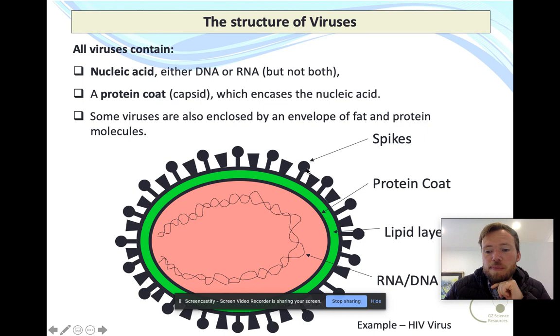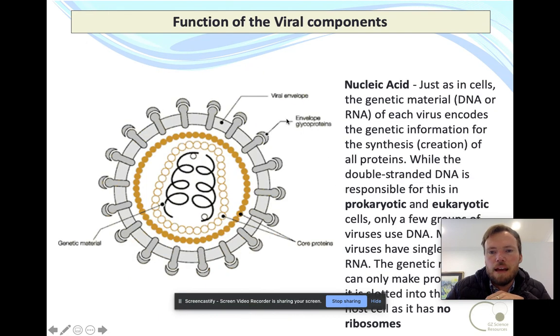Some of them might have spikes, which will help to get out or into a cell. Some of them will have a lipid layer, so that's the cell membrane that I was talking about, which will again help to protect, but also to help it to get into its host cell so that it can replicate. So that's the key thing. The genetic material has all of the instructions to make everything.